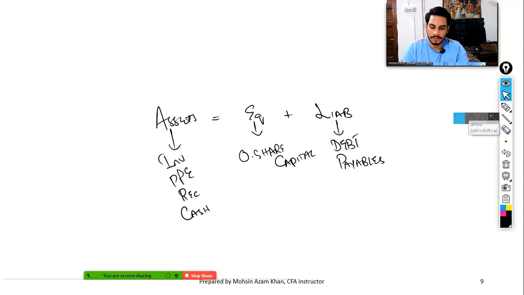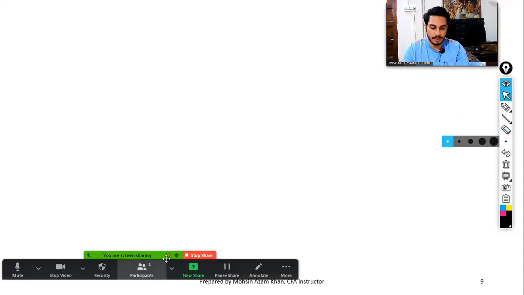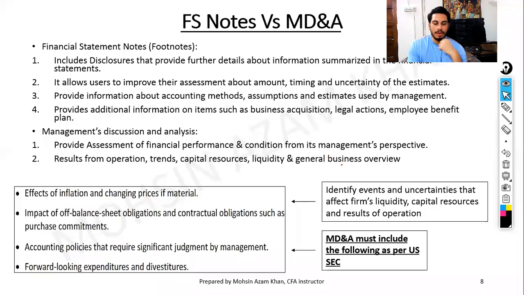Let's move on further and understand one more thing now. Another basic element of this reading is the difference between financial statement notes and management discussion and analysis. As an analyst, you should know this also.